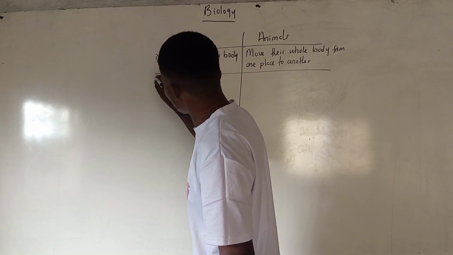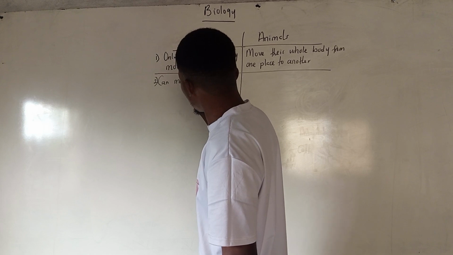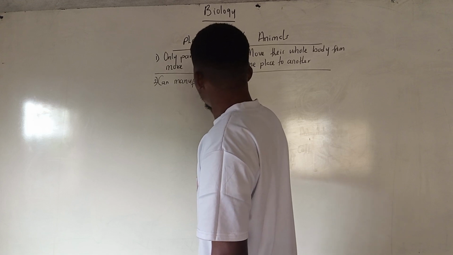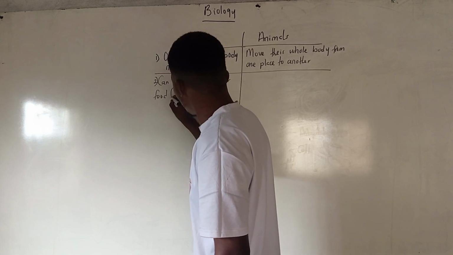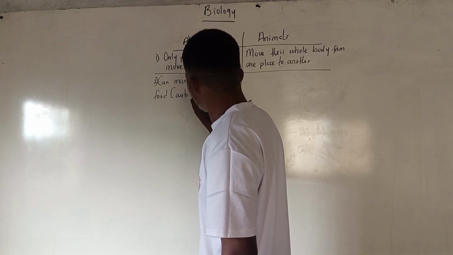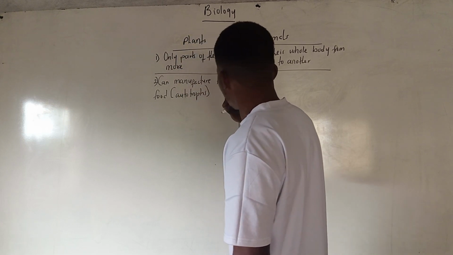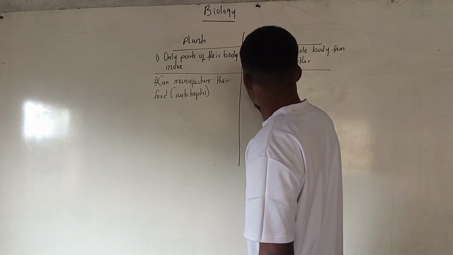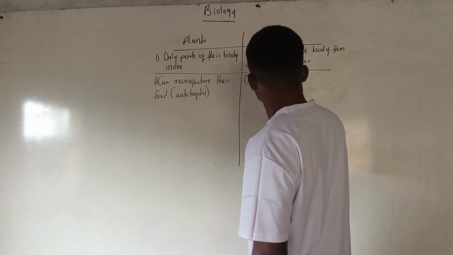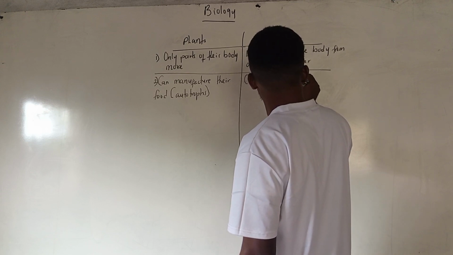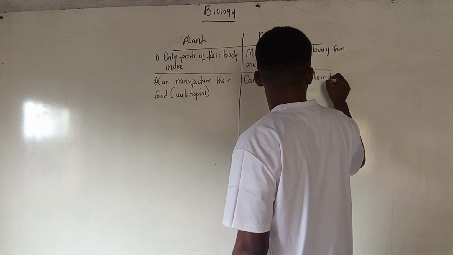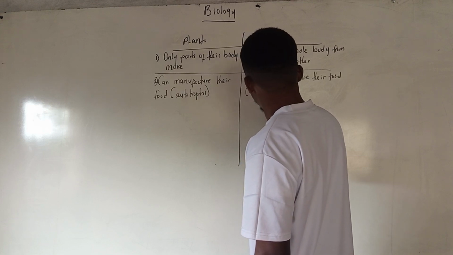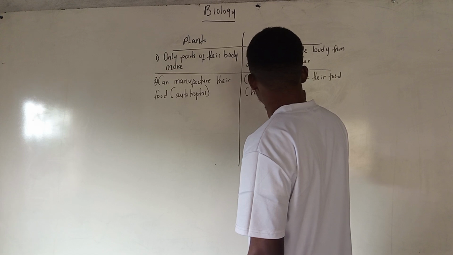Hence they are called autotrophs. Animals cannot manufacture their food. Hence they are called heterotrophs.